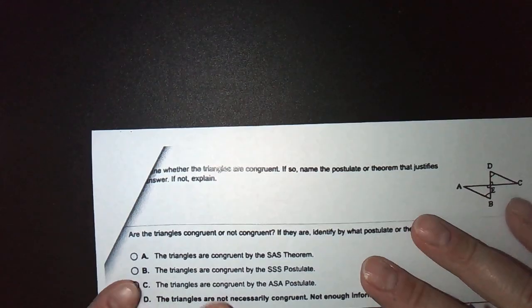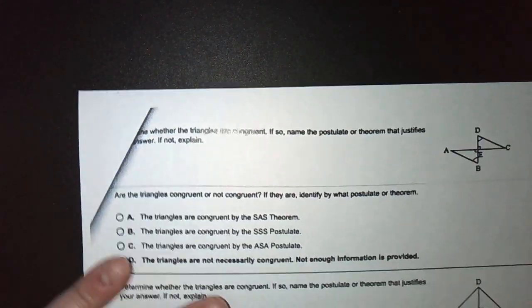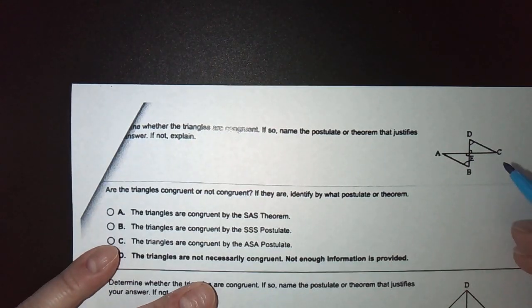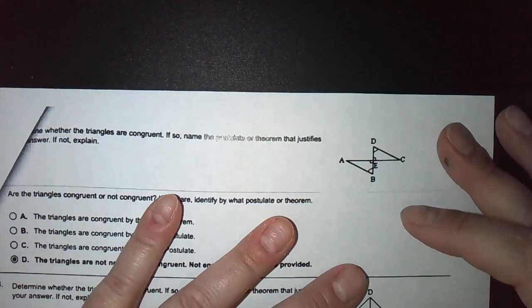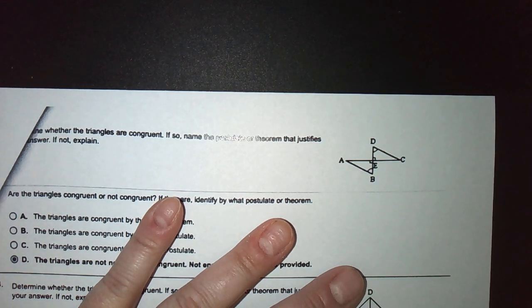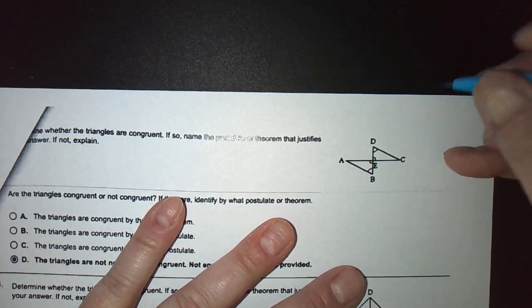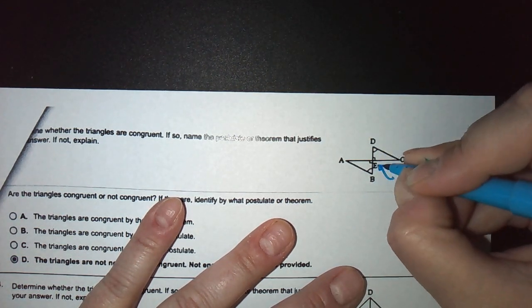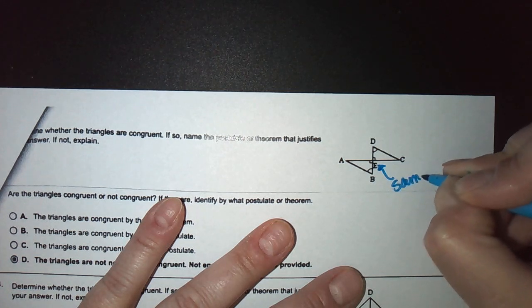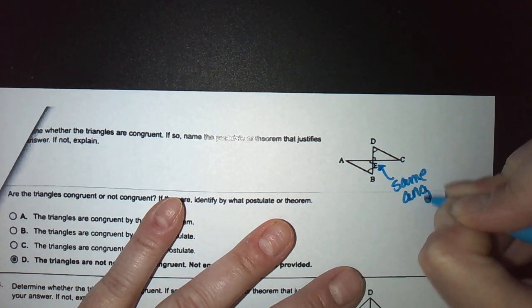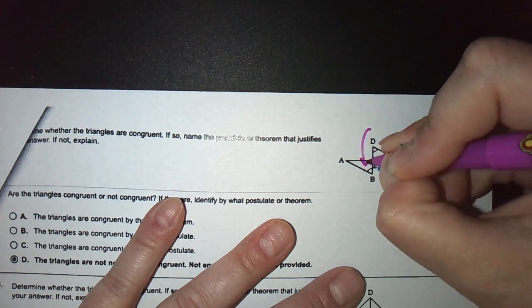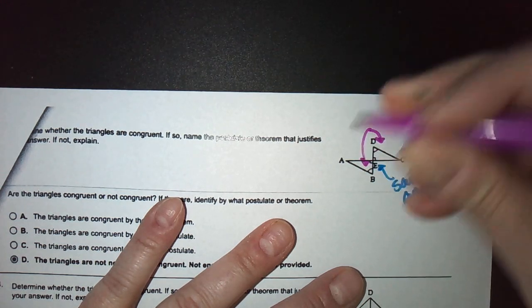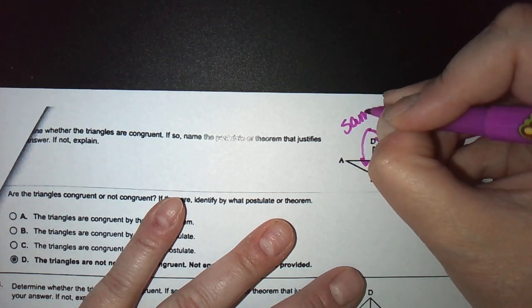Kind of the same-ish thing. It says, tell whether these triangles are congruent. And if they're not, tell that too. Okay, so I got these two triangles, and I see that they have the same right angle, as in they're worth the same amount, and then these E and B are the same angle.